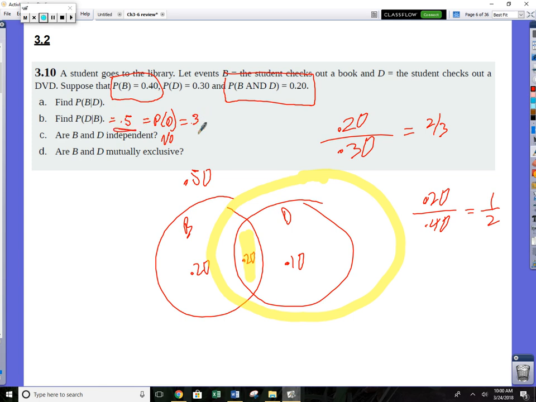Because 50% and 30% are not the same, the answer is no. So these do kind of influence each other a little bit. Are they mutually exclusive? The answer is no, because there are some kids who can check out both at the same time. Mutually exclusive can have no intersection. So the Venn diagram's kind of nice.